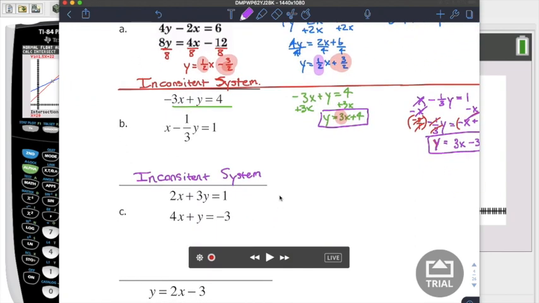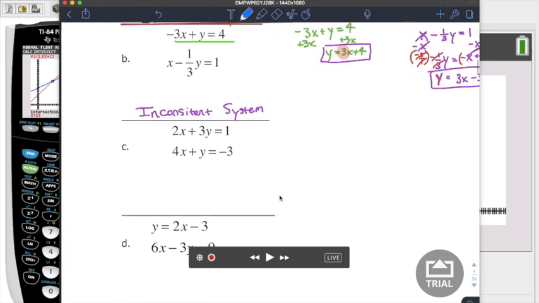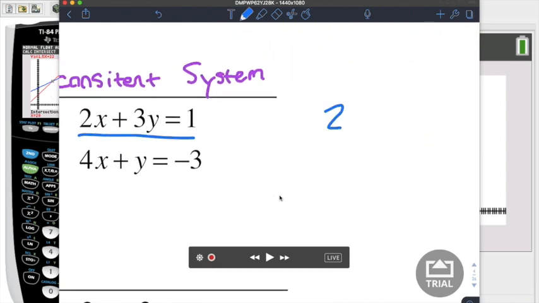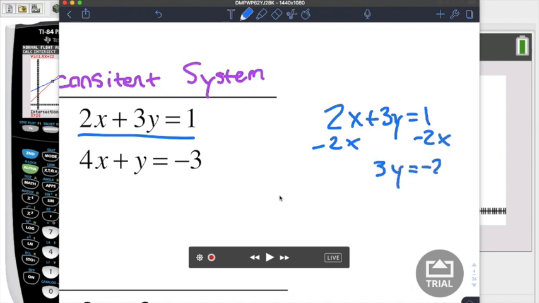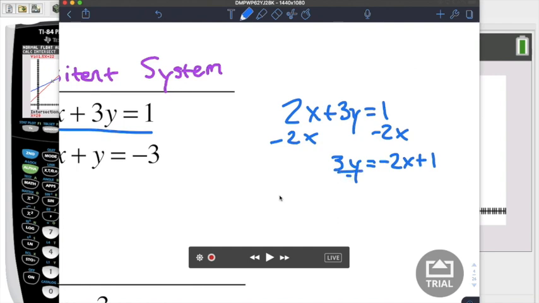There we go, and then just rinse and repeat. All right, next one here. I think we got two more, so let's go through a little quicker. That's 2x plus 3y equals 1. We'll subtract 2x from both sides. You can write out all the full steps if you want; you don't need to.